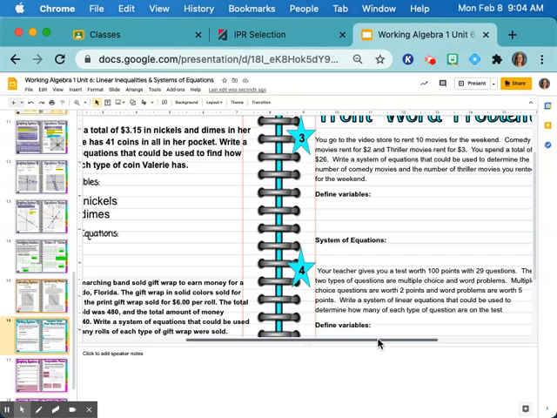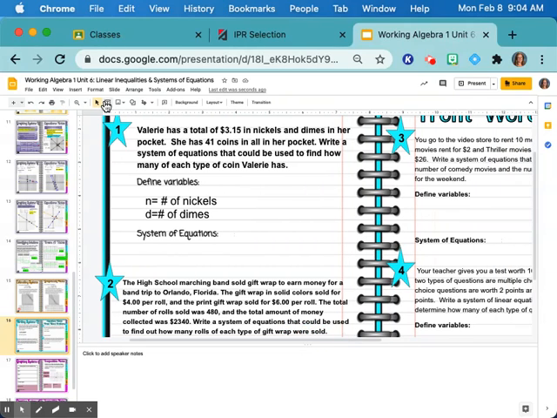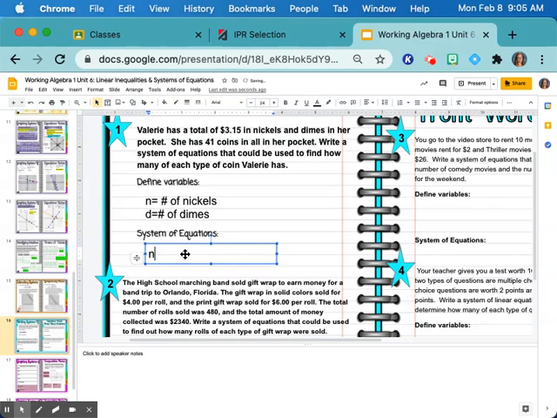So if we look over here, how many total coins do we have? 41. So what is our first equation? N plus D equals 41. Uppercase, lowercase, it doesn't matter. So that's equation 1.